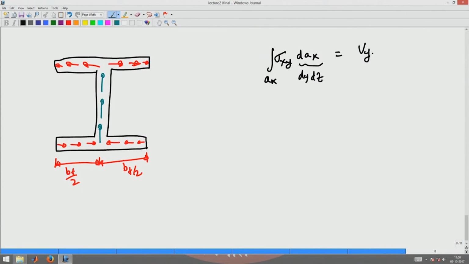Now let us look at the moment equilibrium. There is a net horizontal force here, say this is Q1, and a net horizontal force of the same magnitude Q1 on this side. This is going to produce a clockwise moment.